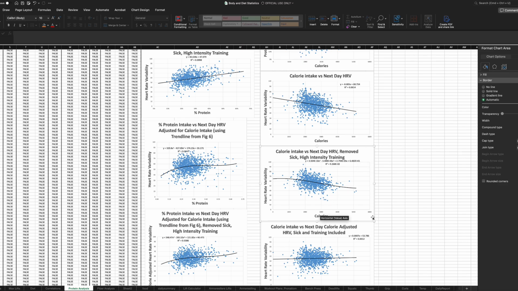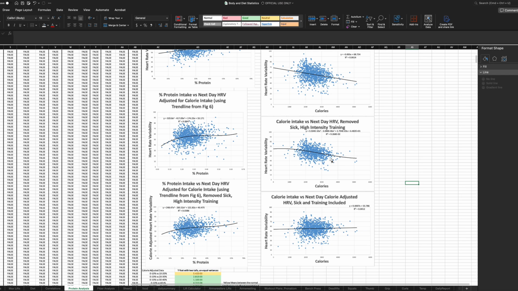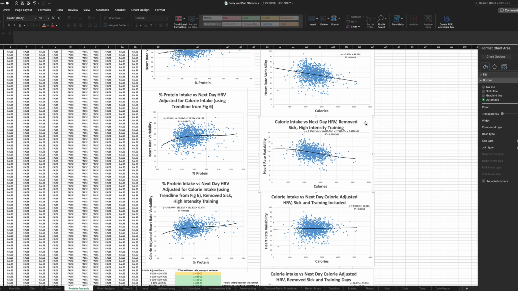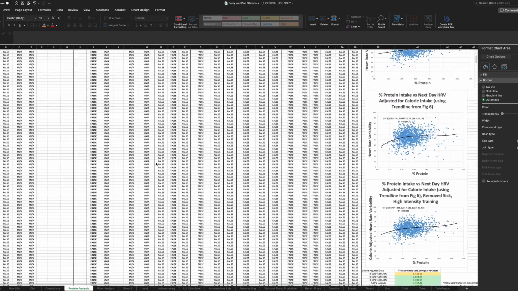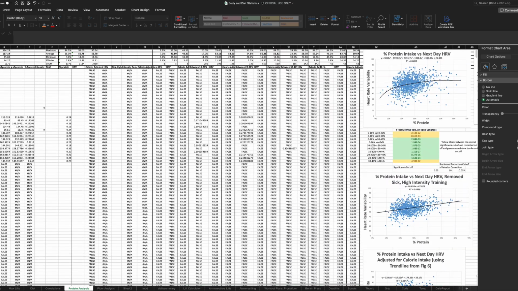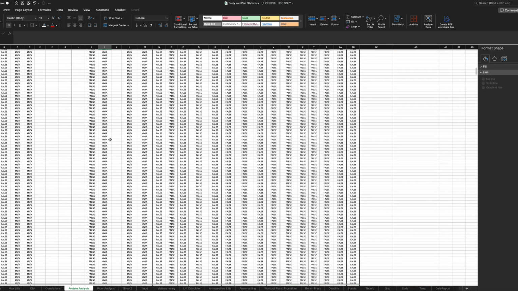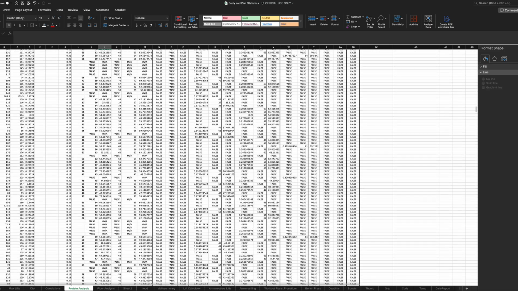And I used this line in order to make a calorie adjusted heart rate variability, right? So the calorie adjusted heart rate variability uses that line, and it calculates what I'd expect my heart rate variability to be that day if it was adjusted for how many calories I ate. So if I ate 1,400 calories, I'm expecting my heart rate variability to be a certain number, right?